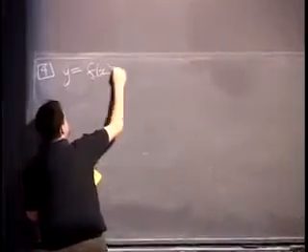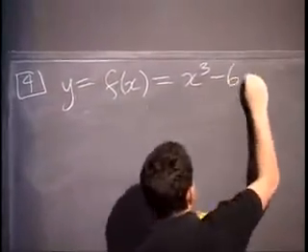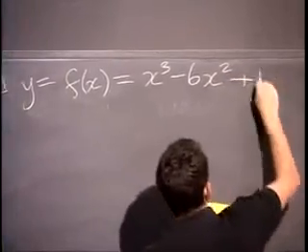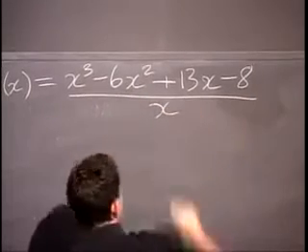The aim is to sketch y equals f of x, which is x cubed minus 6x squared plus 13x minus 8, all over x.